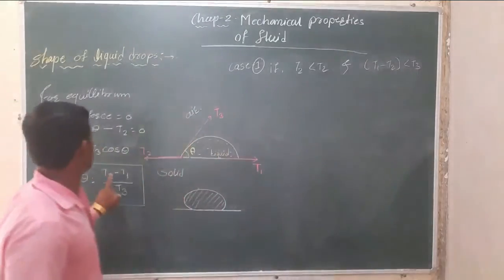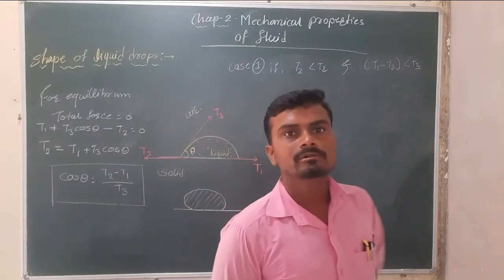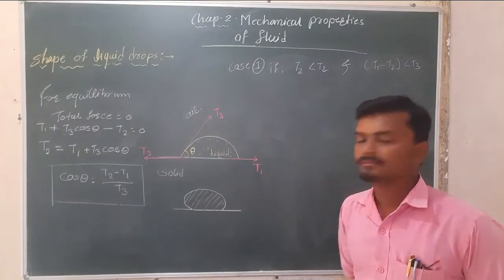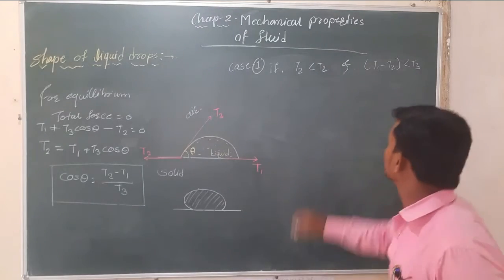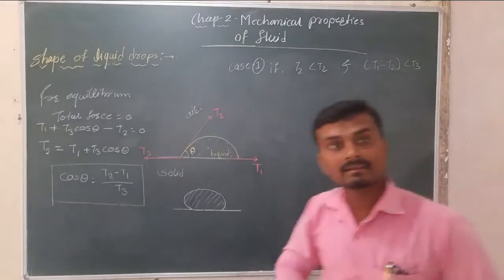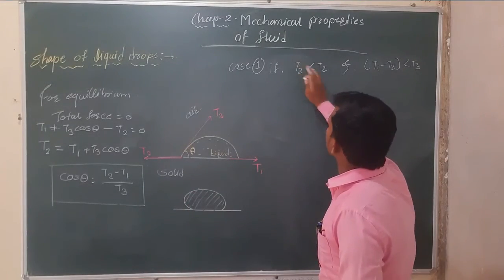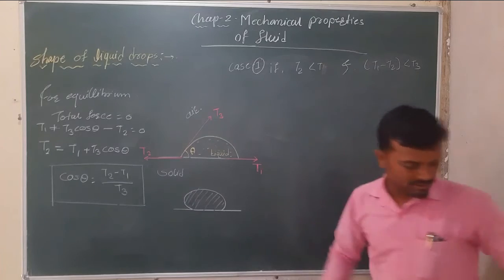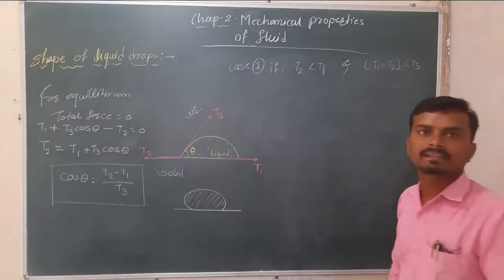Cos of theta is equal to T2 minus T1 upon T3.